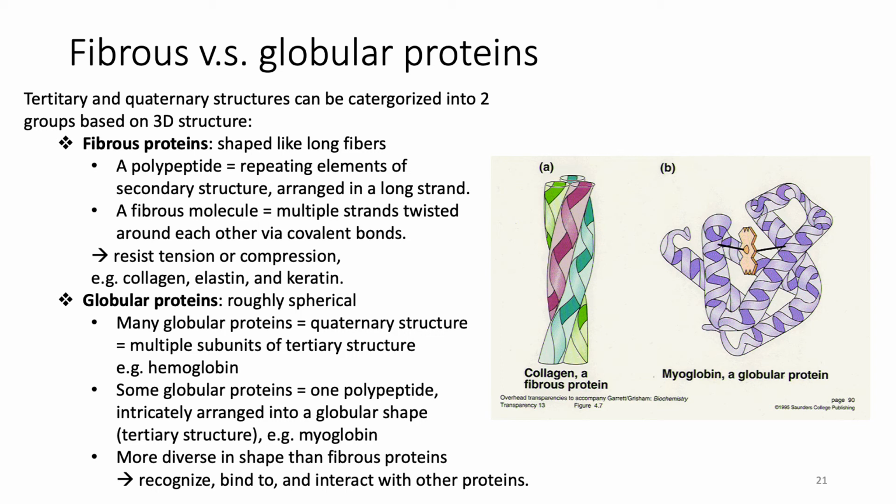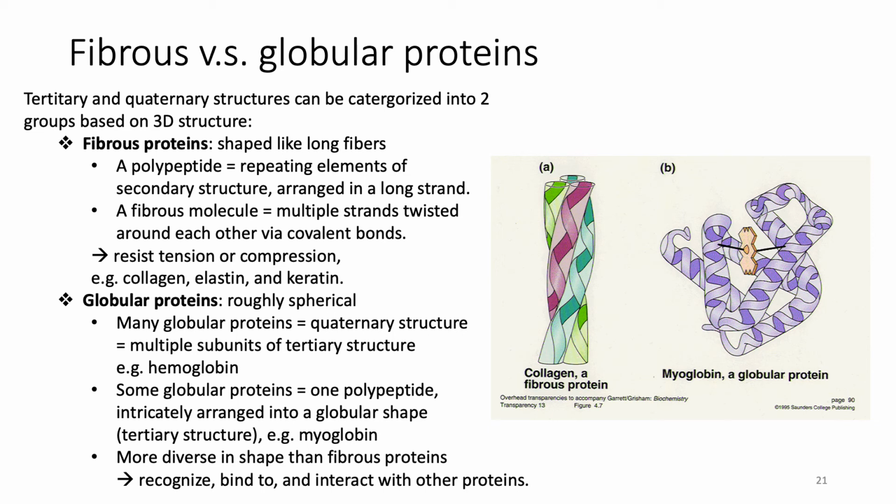In contrast, many globular proteins have a quaternary structure because they're composed of multiple subunits of tertiary structure. An example includes hemoglobin. In addition, some globular proteins are made of only one polypeptide that is folded into a tertiary structure. An example is myoglobin, which is the sister version of hemoglobin in your muscles. Globular proteins are also pretty diverse in shape compared to fibrous proteins.